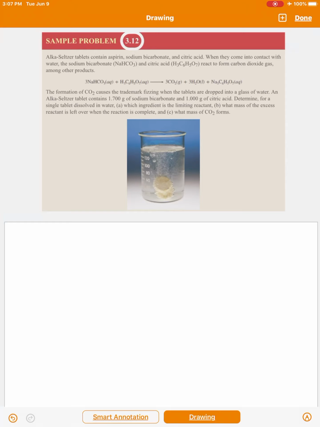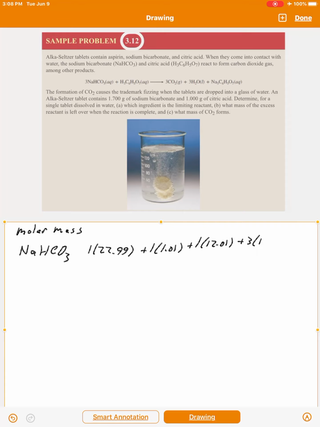I'm going to go ahead and calculate all of the molar masses. So let's begin with sodium bicarbonate. There's one sodium, one hydrogen, one carbon, and three oxygens.